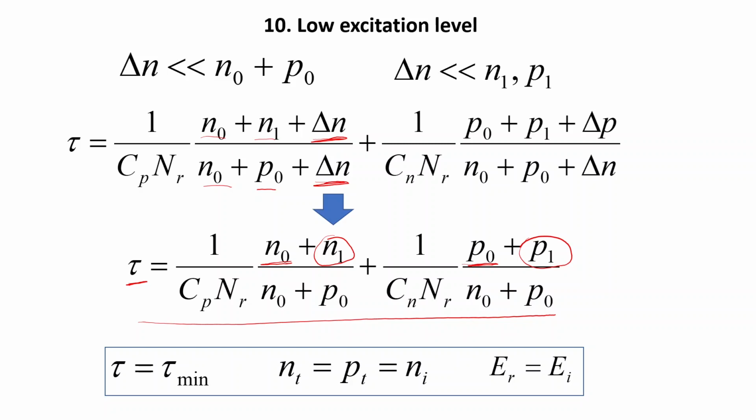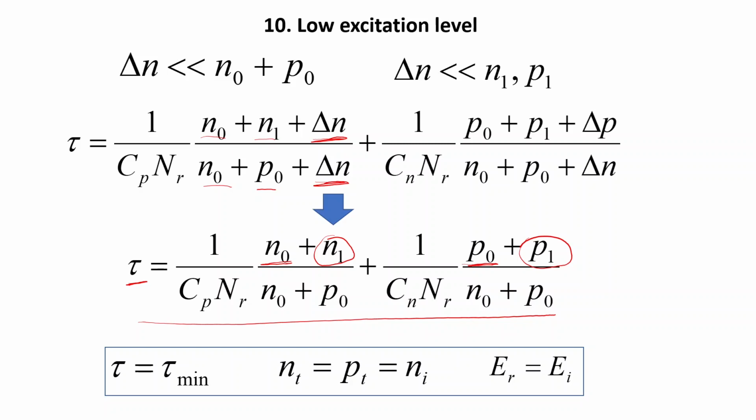So we want to consider at which condition this recombination via trap will be the most important and the fastest. So in this case, take a look at this expression.